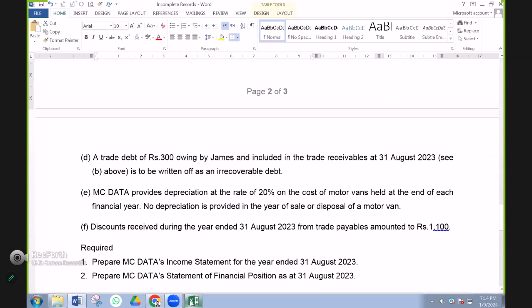Irrecoverable debt is an expense, put into the income statement, and it is also deducted from the receivable at the end of the year. So in the statement of financial position, you have to deduct the 300 from the receivable.